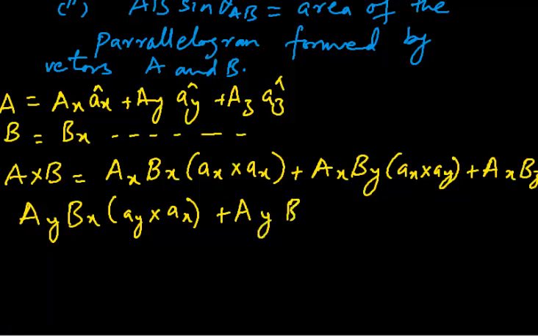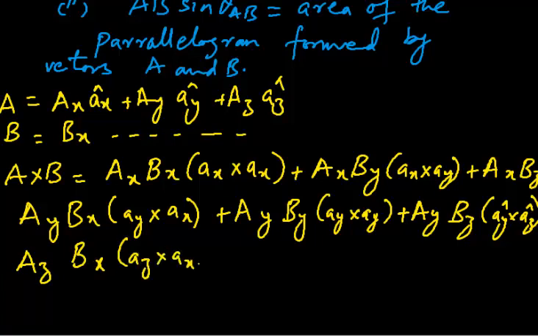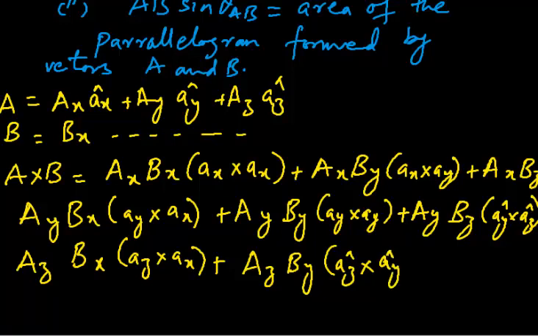So AY again goes with the BY, AY cross AY, and then AY goes with the BZ, which means AY unit vector into AZ unit vector. And now AZ goes with the BX, and AZ cross AX, plus AZ with BY, and AZ unit vector cross with the AY.